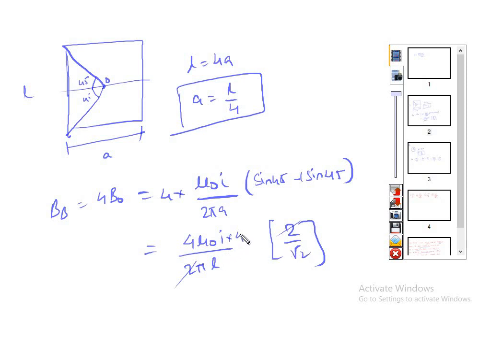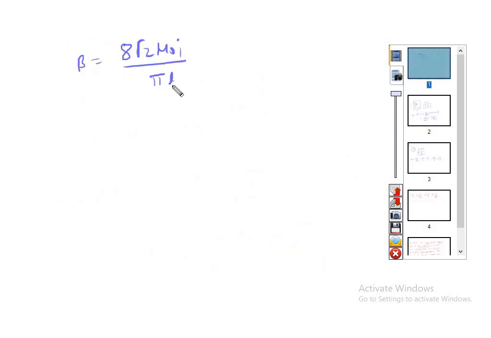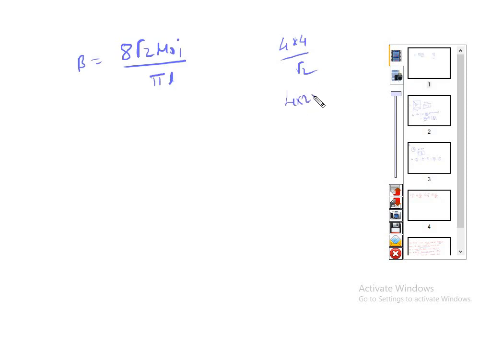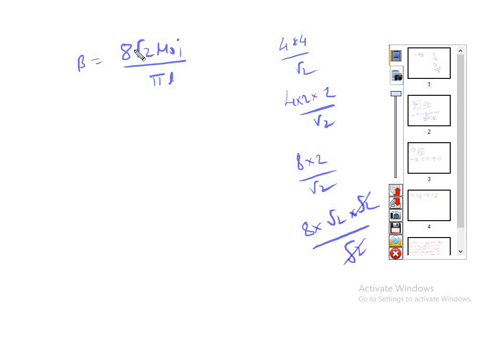The 4 into 4 by root 2 is left over. We write it as 8 into 2 by root 2, which is 8 into root 2 into root 2 by root 2. So root 2 gets cancelled, and we are left with 8 root 2. So I hope it is clear. So this is 8 root 2 mu naught I by pi times L.